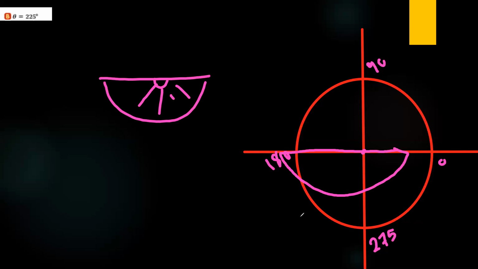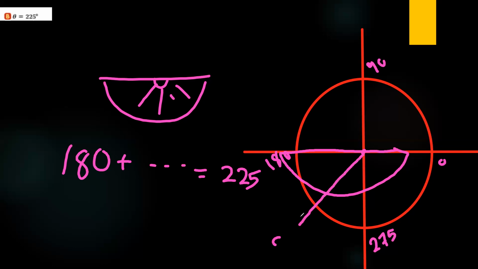Then you ask yourself how many degrees you have to add to get 225. I'll repeat: you have your protractor, you put it on the negative x-axis, with your reference angle as 180. From 180, you have to increase the angle to get 225.